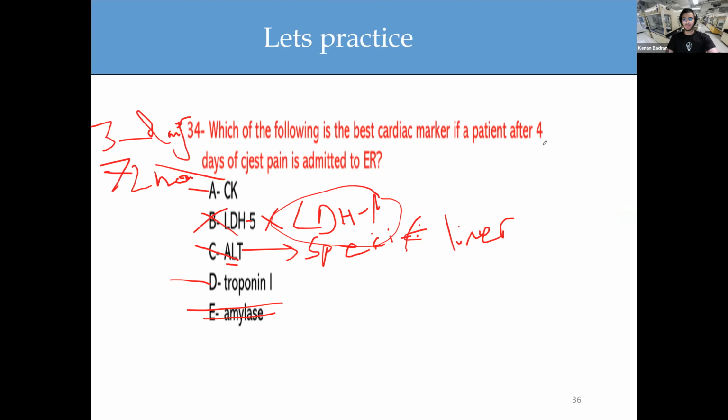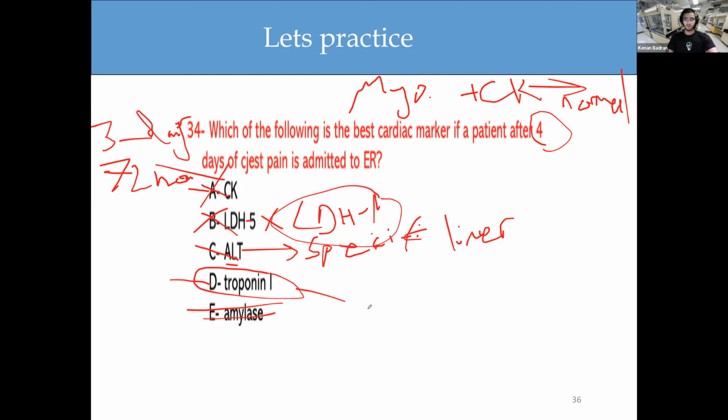So if he comes to you after 4 days, myoglobin and CK have long reached normal levels and will no longer show you anything. But what would have stayed in the blood the longest? The answer, of course, is troponin I. Troponin I lasts for 6 to 10 days.